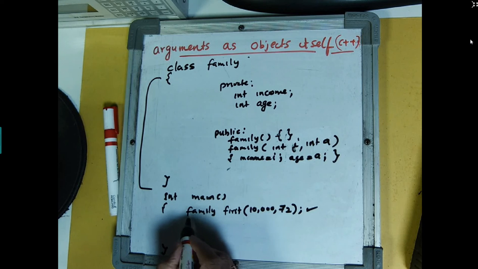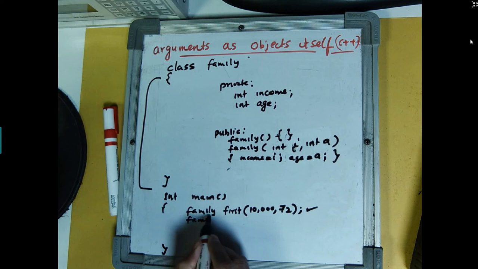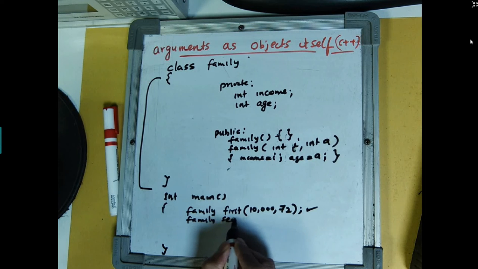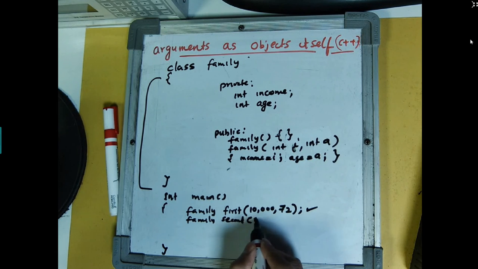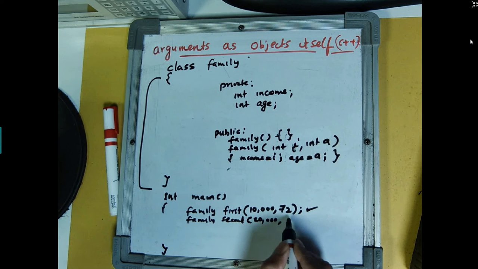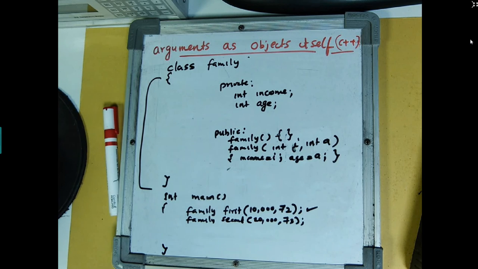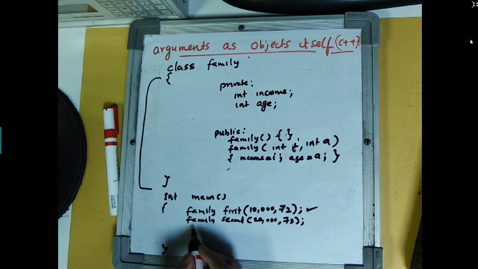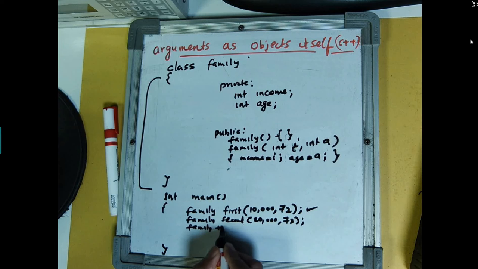Now let's say you have a family first and a second family also, where you have different income and age. Now I want to create a third family. I will call this family third.